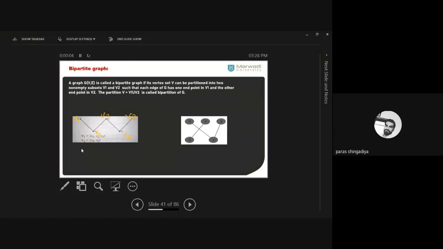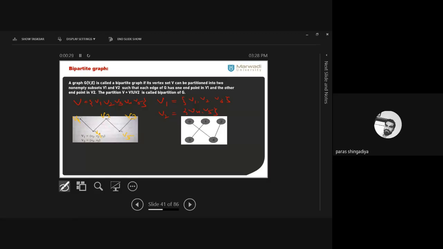Okay, so this graph includes V as v1, v2, v3, v4, and v5. Two partitions: capital V1 involves v1, v2, and v3, and the second partition involves v4 and v5. Now we just connect them. So there are 4 edges.